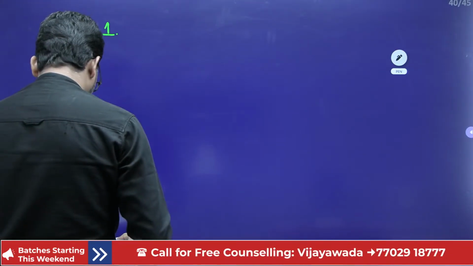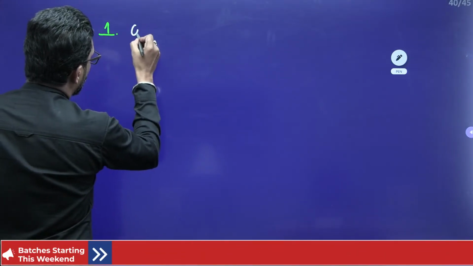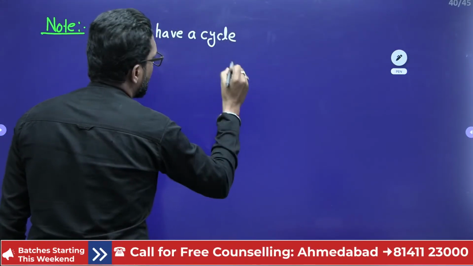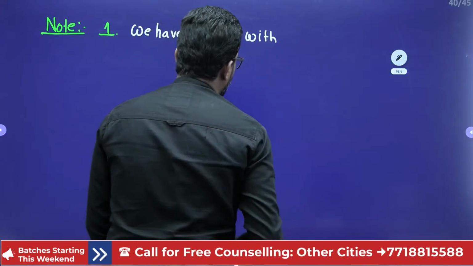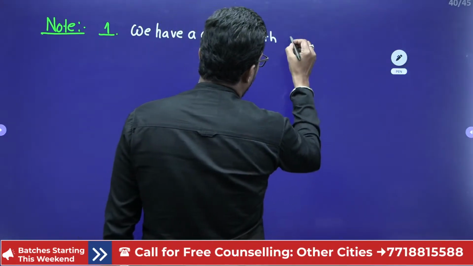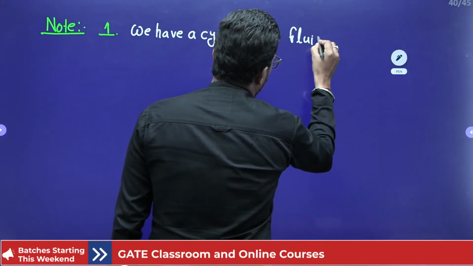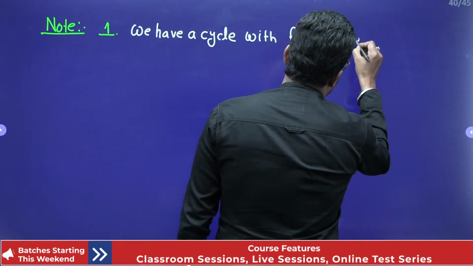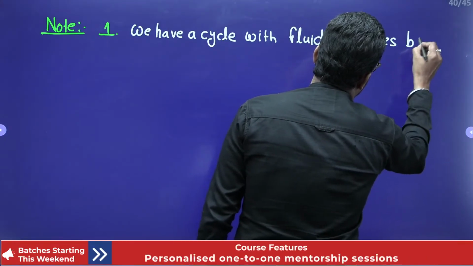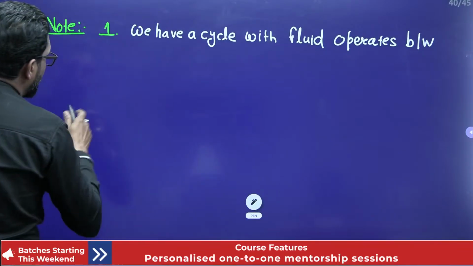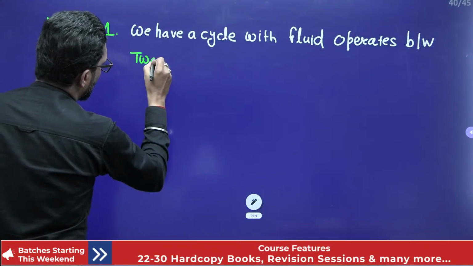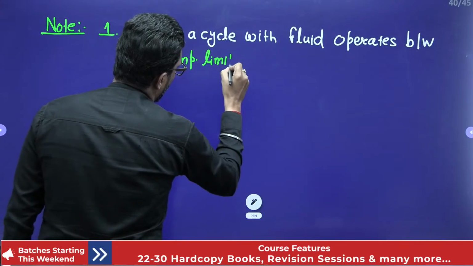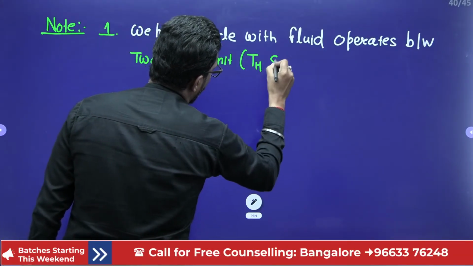The first point is that we have a cycle with a fluid that operates between two temperature limits, TH and TL.